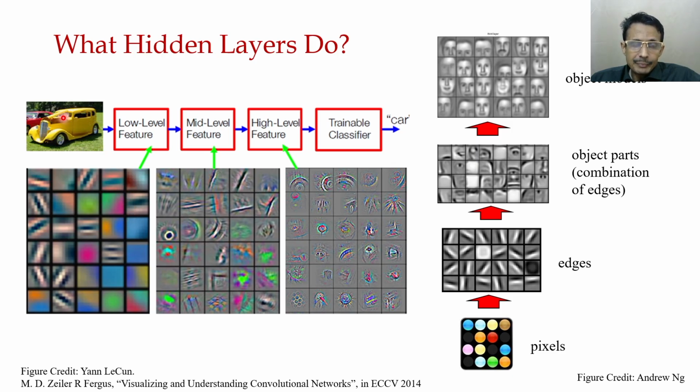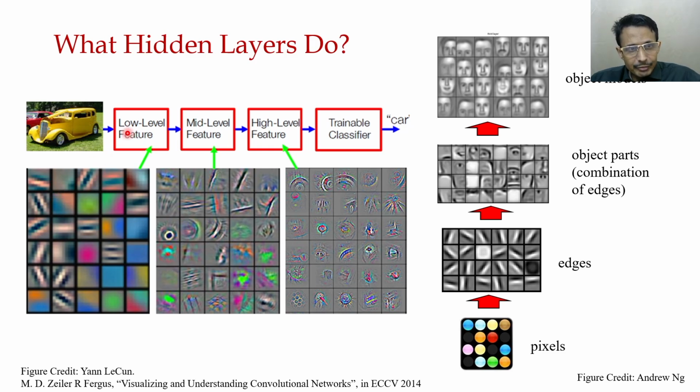Here you can see this is a car image, a vintage car. If we try to understand how this image is represented, most simplistically you can say it is represented by a matrix of pixels. Now these pixels are given to the network.